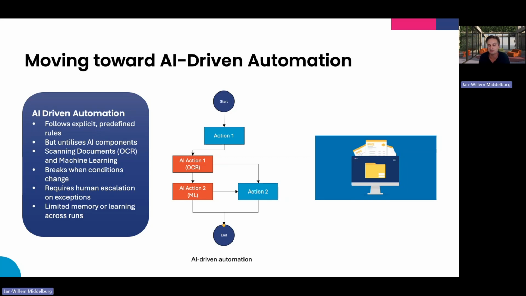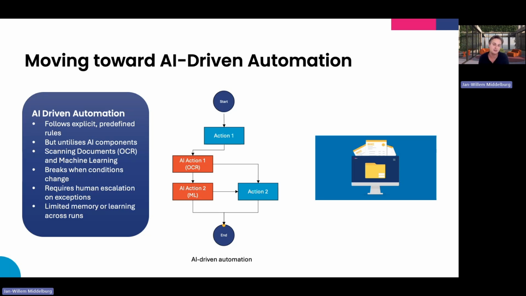So two examples I've listed here on the slide are, for instance, OCR scanners, which extract information from documentation, or a simple machine learning algorithm that makes a particular prediction on specific inputs. And what these AI functions do is that they significantly enhance the quality of the workflow and the complexity of the workflow as well.